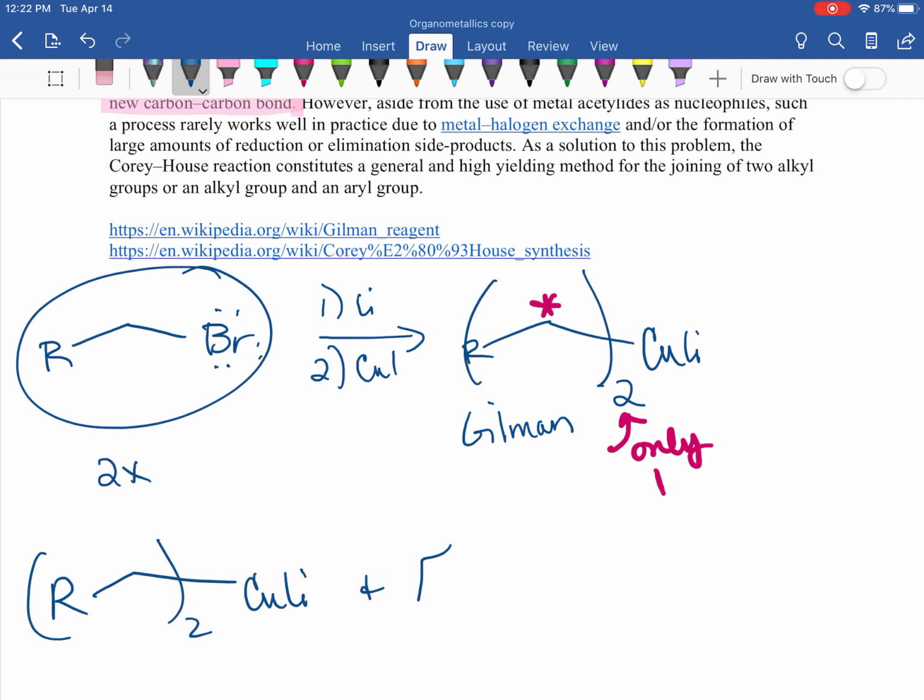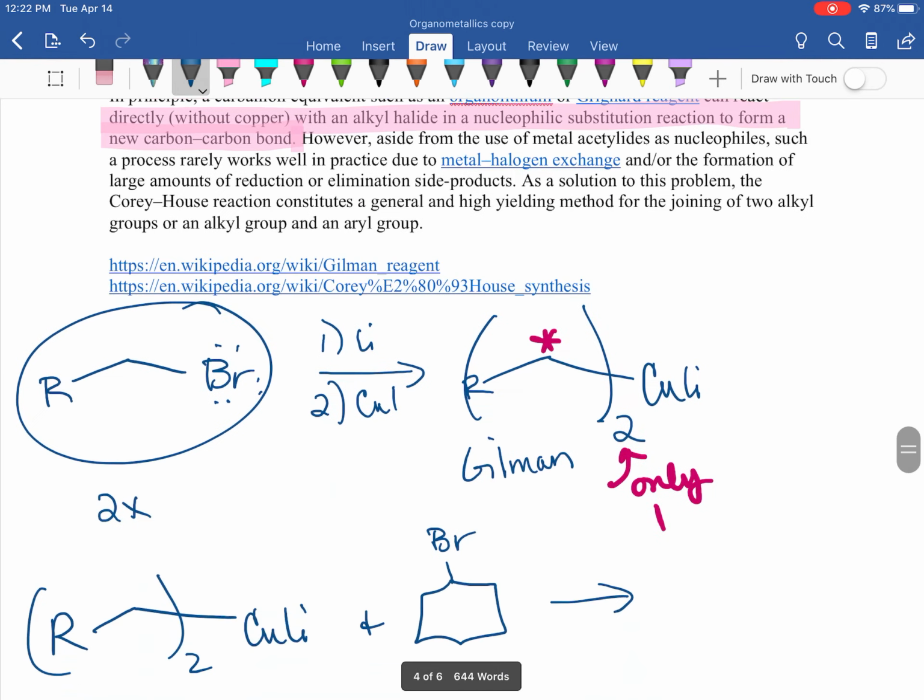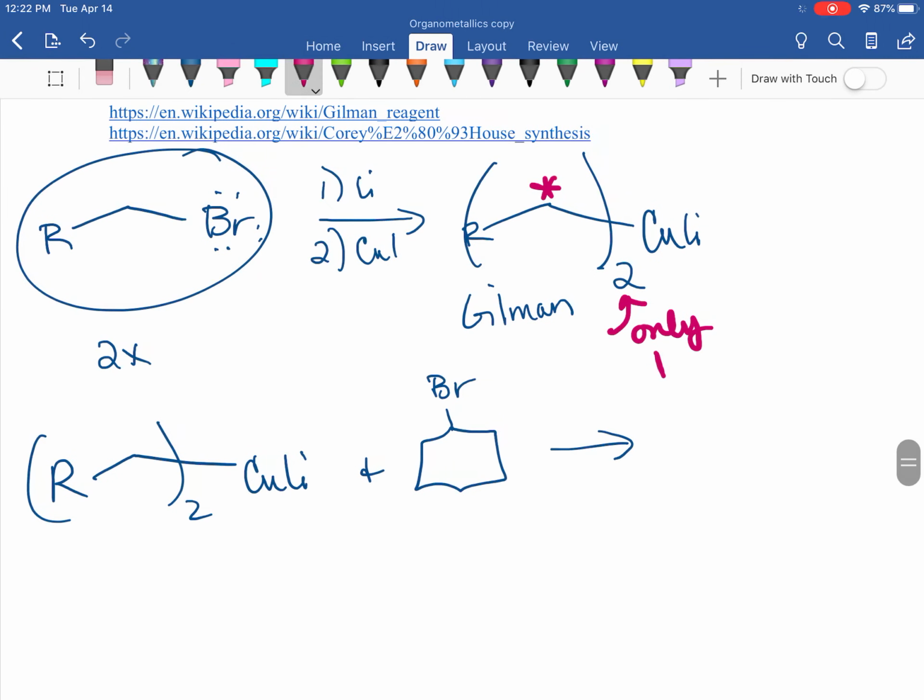Let's take this reagent we just made, and let's mix it with a ring. You can mix that with any other alkyl halide. Isn't that awesome? And now we're going to literally stick this carbon with this carbon. So the carbon attached to your copper, the carbon attached to your bromine, those two will couple.